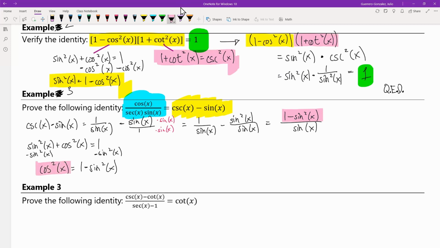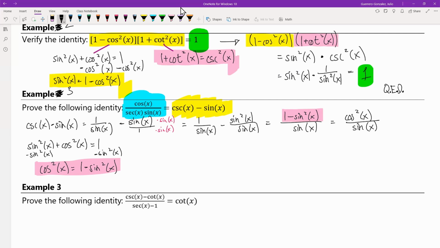Look at this. So now I can use that up here. So this is equivalent to cosine squared of x over sine of x. Okay, we're getting somewhere. We're getting somewhere, right?